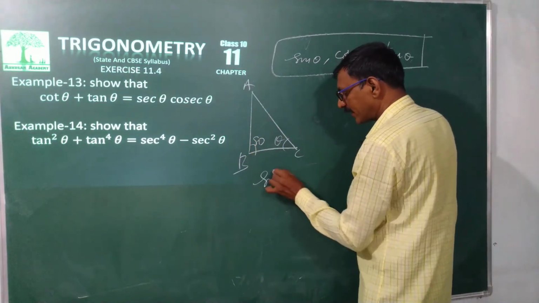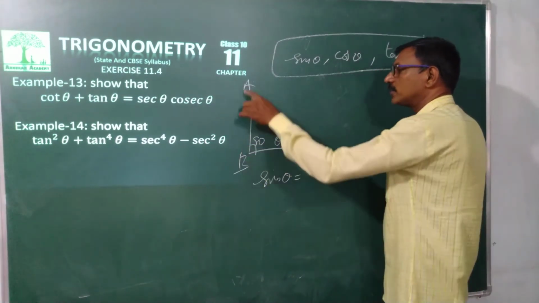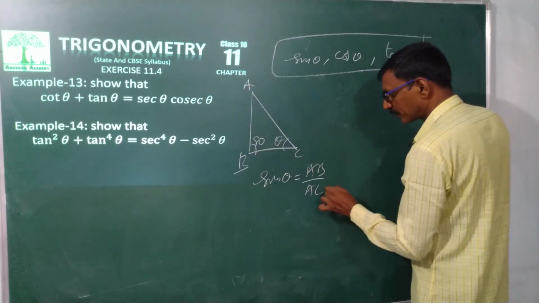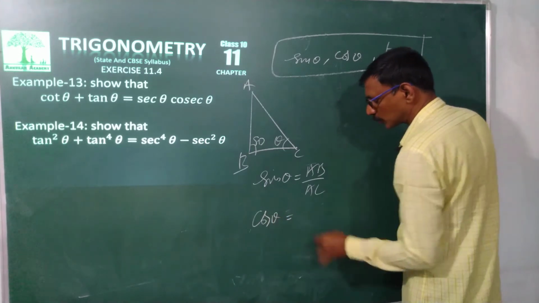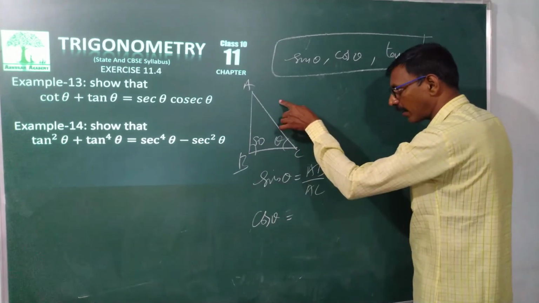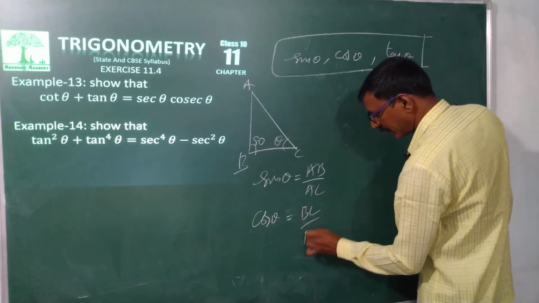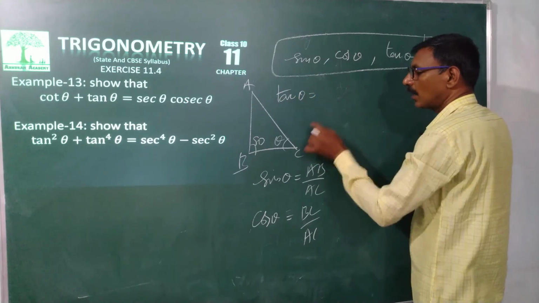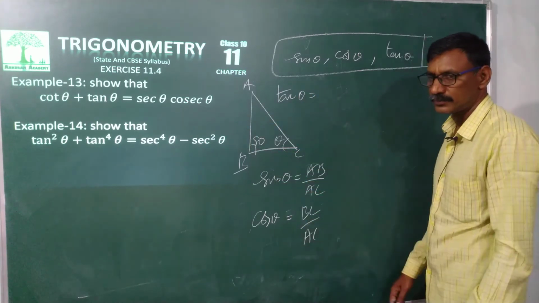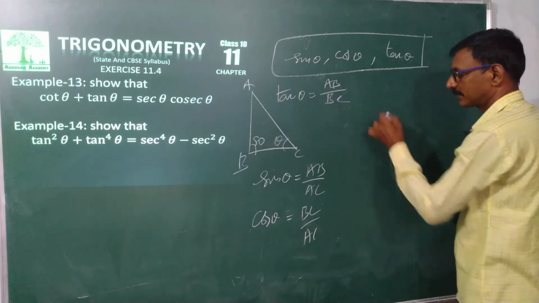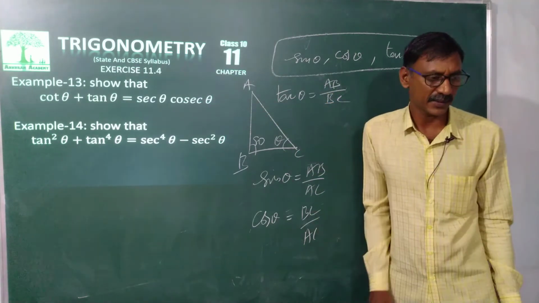So sin theta is equal to, everybody knows, opposite side by hypotenuse, AB by AC, and cos theta is equal to adjacent side by hypotenuse, BC by AC, and tan theta is equal to opposite side by adjacent side, AB by BC.